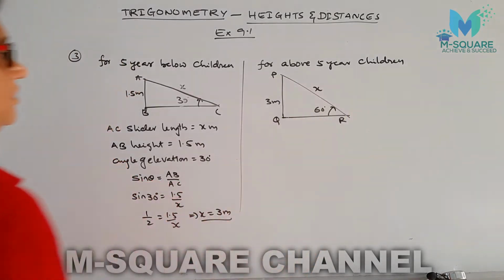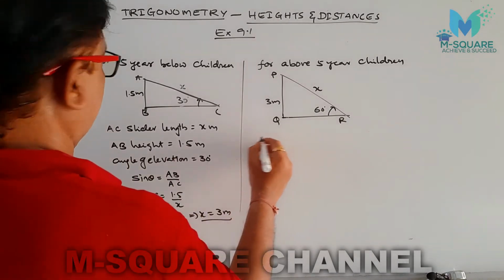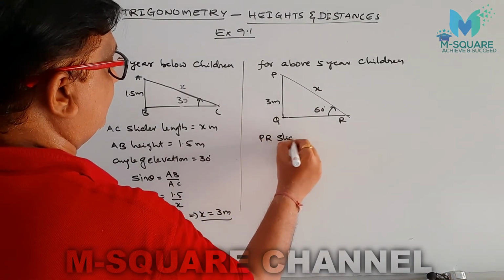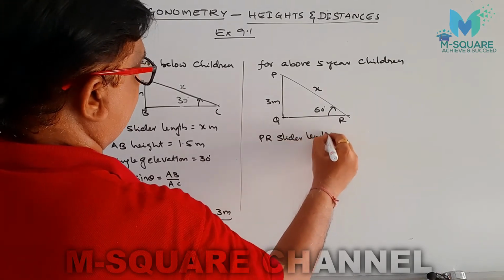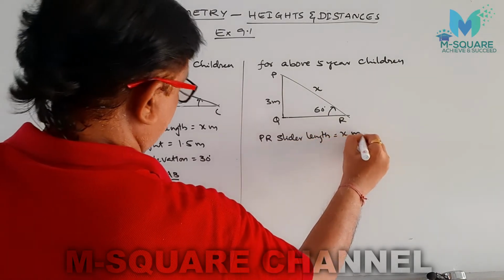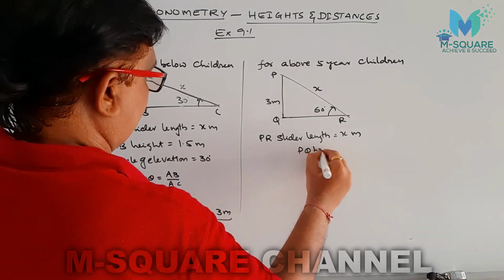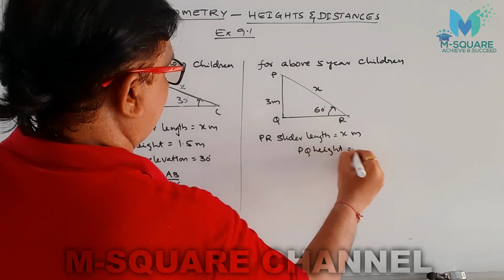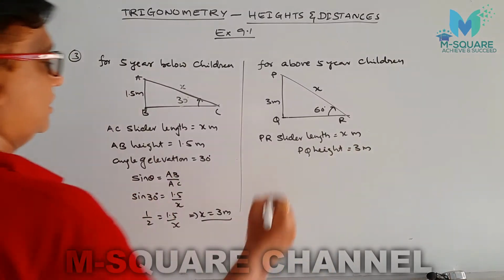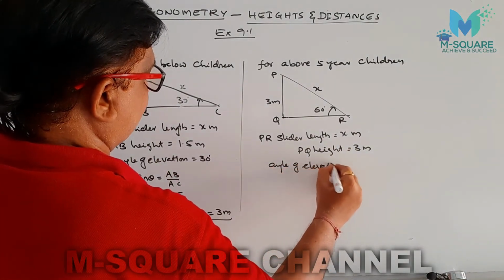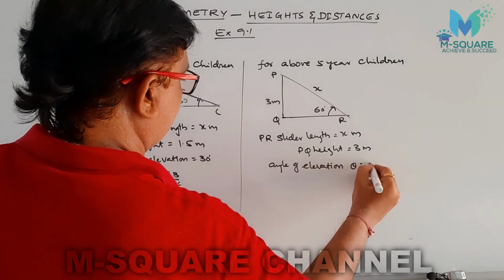We are going to find x here. The slide length PR equals x meters, the PQ height equals 3 meters, and the angle of elevation theta equals 60 degrees.